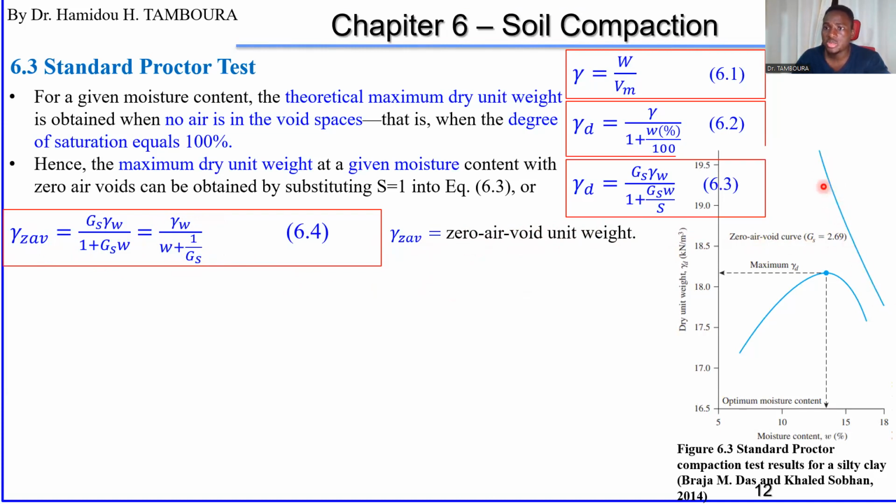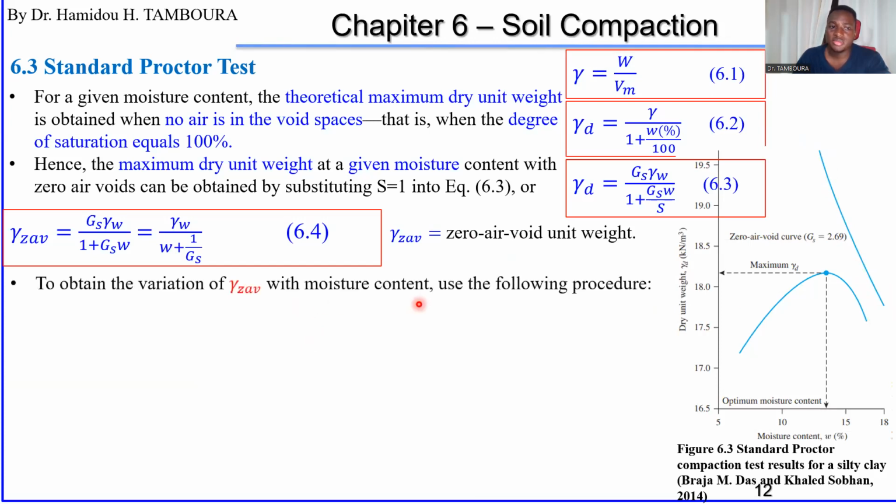This is what we call this curve, the zero air void curve. And to obtain this curve with the moisture content, you use the following procedure.